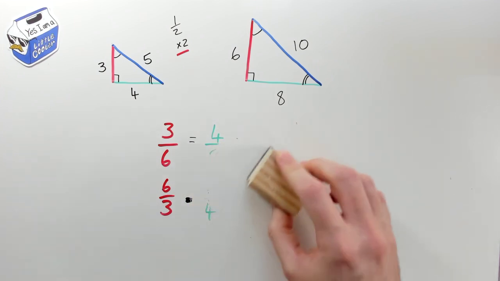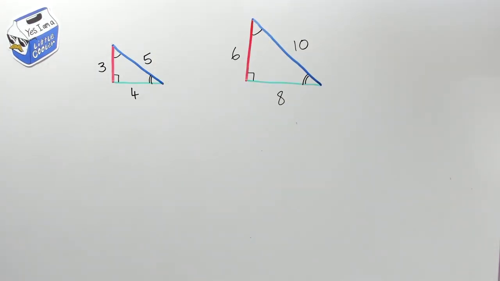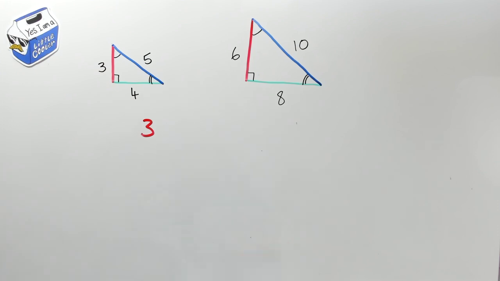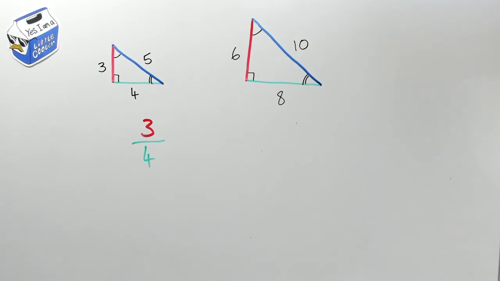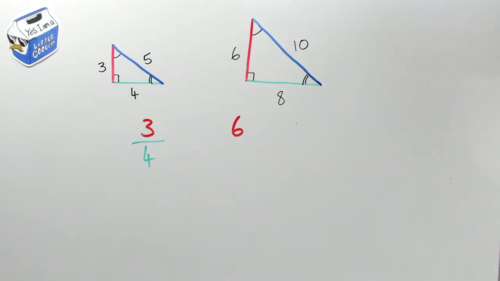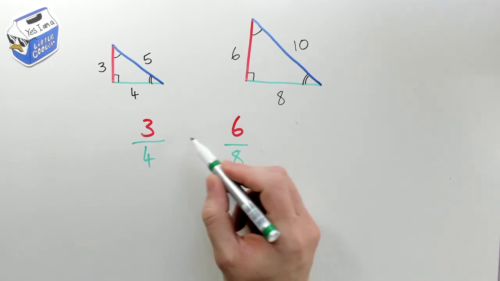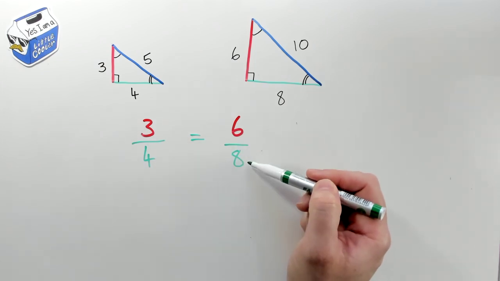There are even more things that we see if we look at similar shapes. If I compare the internal shapes, if I took the 3 in this shape and compared it to the 4 in this shape, and I did the same here, I took the 6 in the big shape compared to the 8 in the other shape, I see they are also similar. 3 over 4 is the same as 6 over 8.